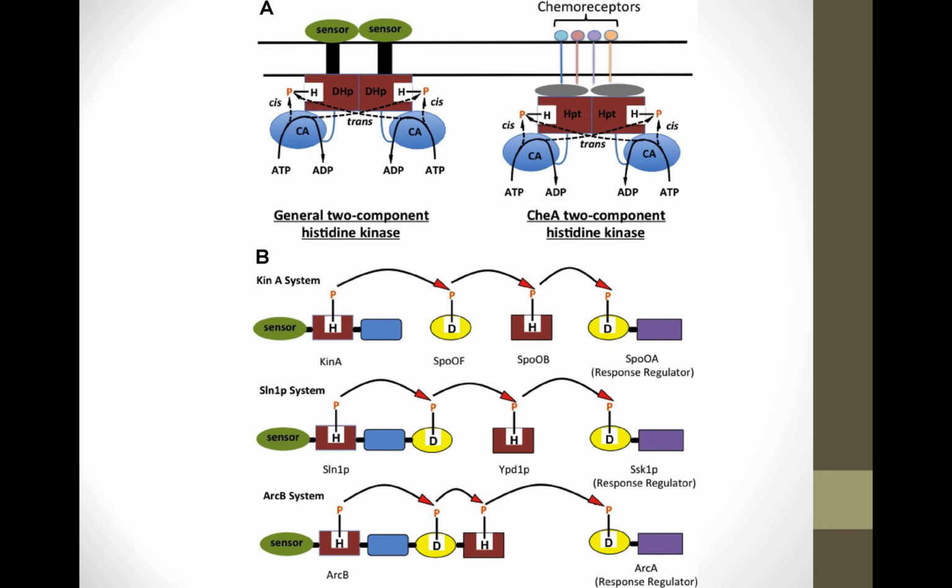Now, in this next diagram, what you see is a general two-component system for the chemoreceptor, for chemotaxis, involving CheA, which is quite common for a lot of bacteria. Take a look at the kind of response that it could give.